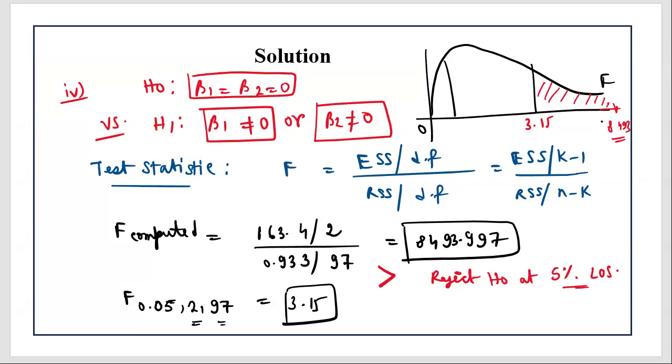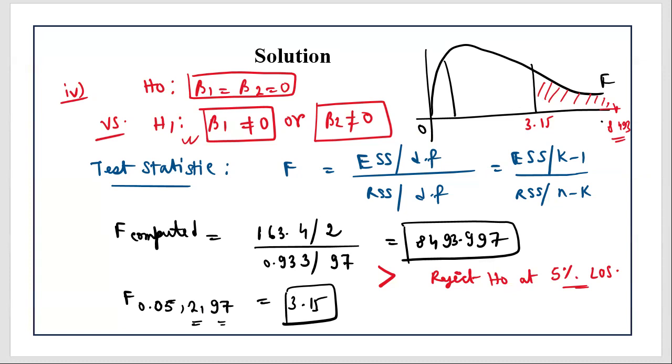R square is 99%. So definitely one of them must be significant. Ideally, both the variables are very much statistically significant. That is why the R square and adjusted R square are very high. So we accept the alternative hypothesis that beta 1 is not equal to 0 or beta 2 is not equal to 0, which means at least one of the explanatory variables, X1 or X2, has to be statistically significant.